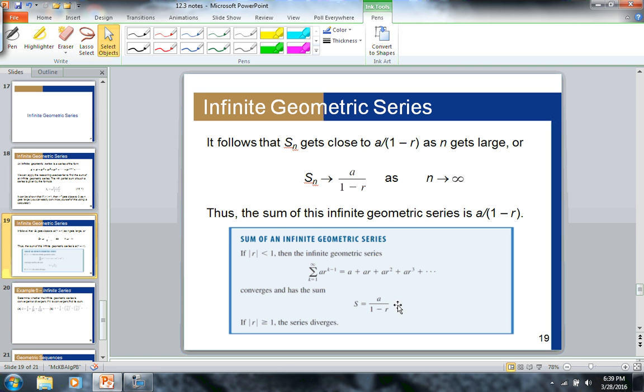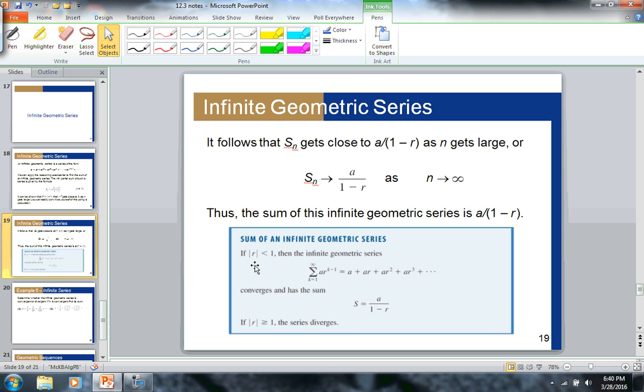We have our infinite geometric series, which is going to look like this: our summation notation with our sigma, k equals 1 to infinity, and then our geometric sequence, a times r to the k minus 1.